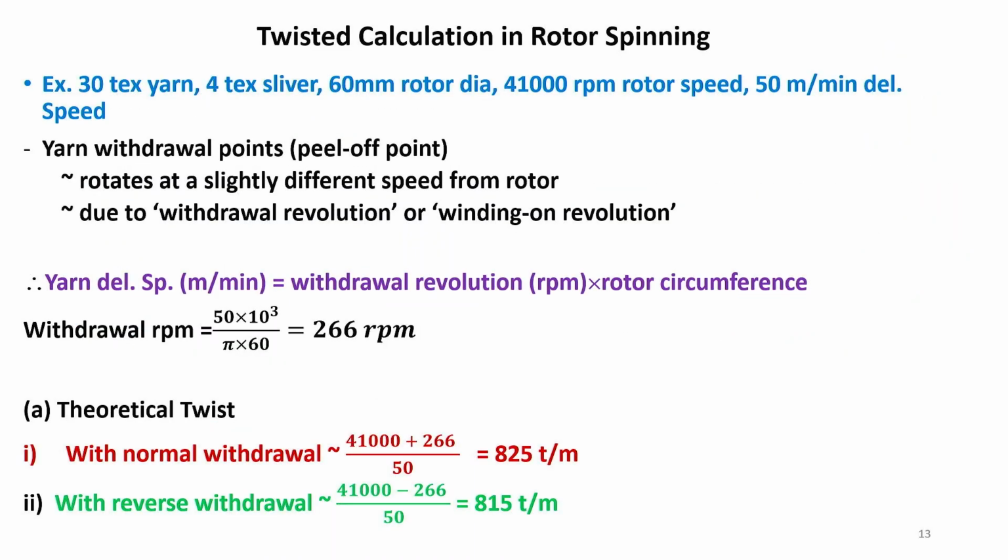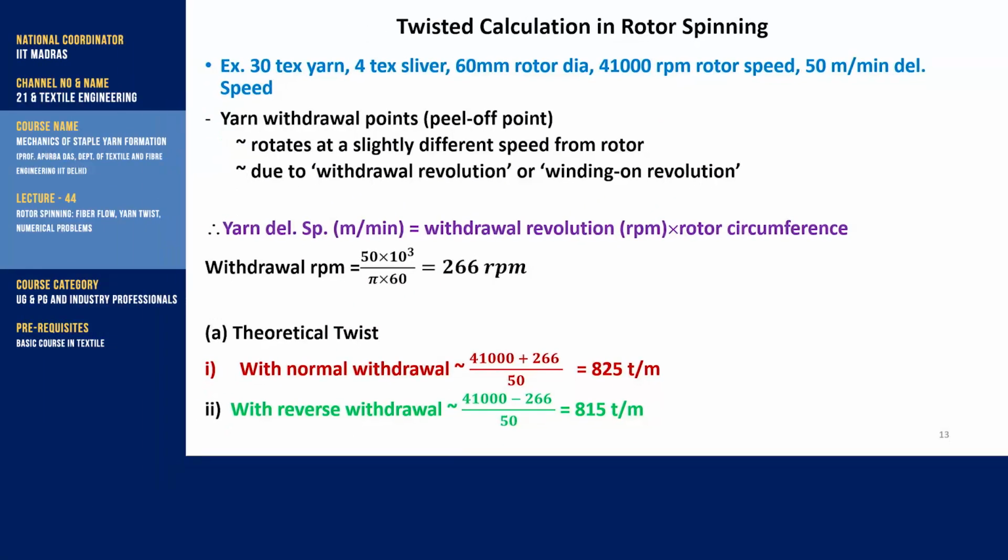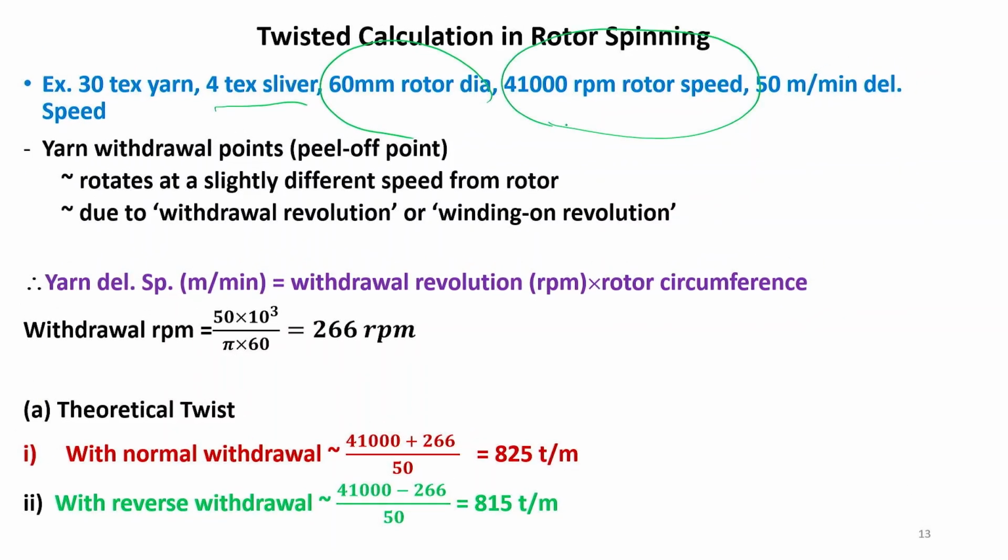Now, let us take one example of how to calculate the rotor twist. So, 30 tex yarn, 4 tex sliver, 60 millimeter rotor diameter, rotor speed is 4100 rpm, and the delivery speed is 50 meter per minute.